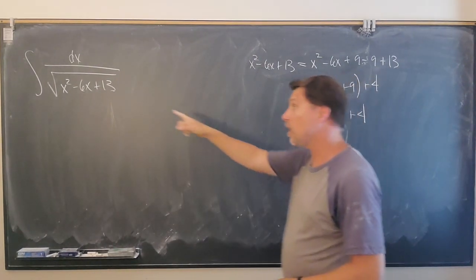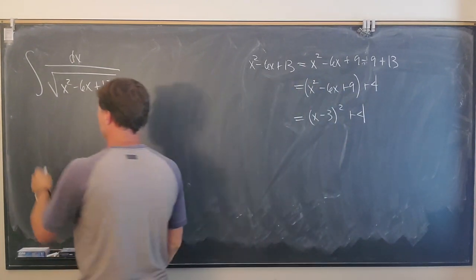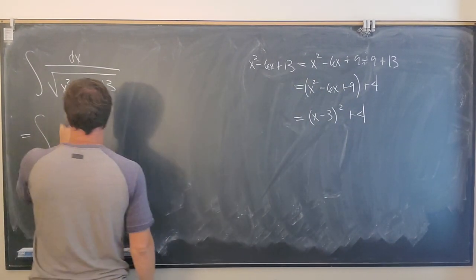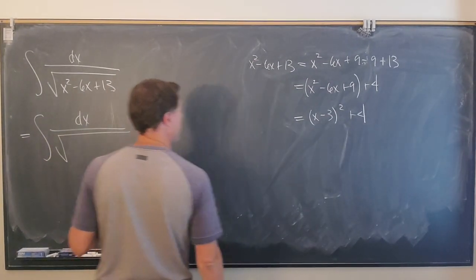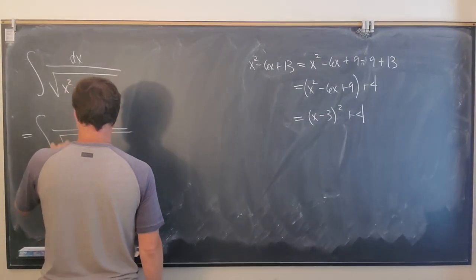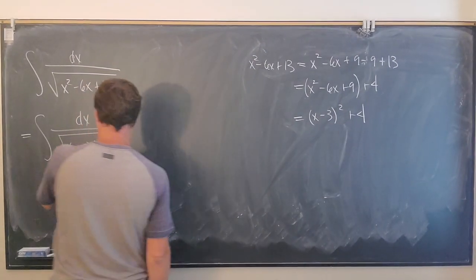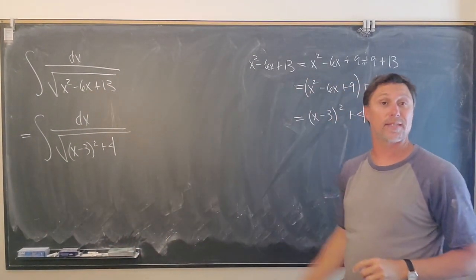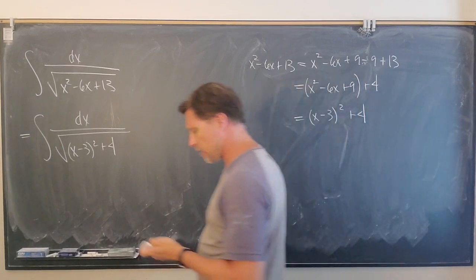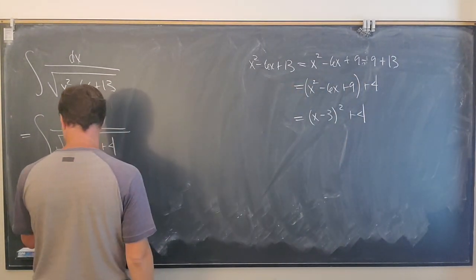So I can write under the square root this quadratic polynomial re-expressed like this. So it'll be square root of x minus 3 quantity squared plus 4. And so now this suggests that we're going to actually do a tangent substitution. Let's do a u substitution first, just to get it into place.